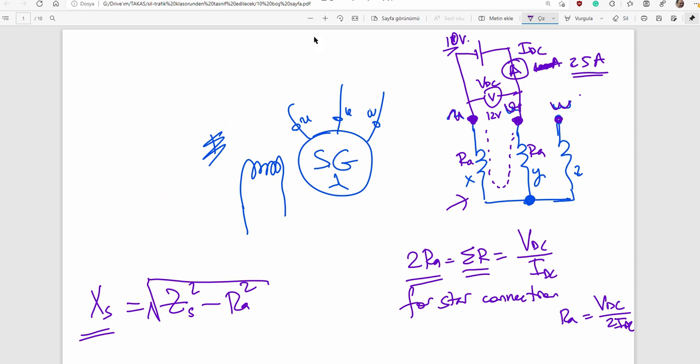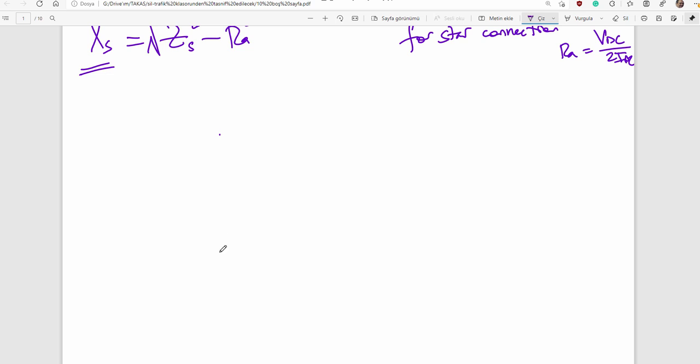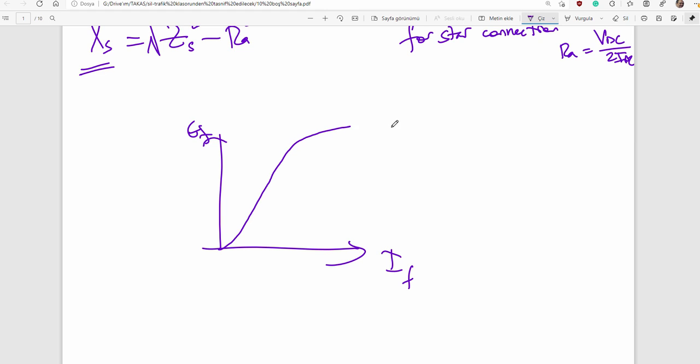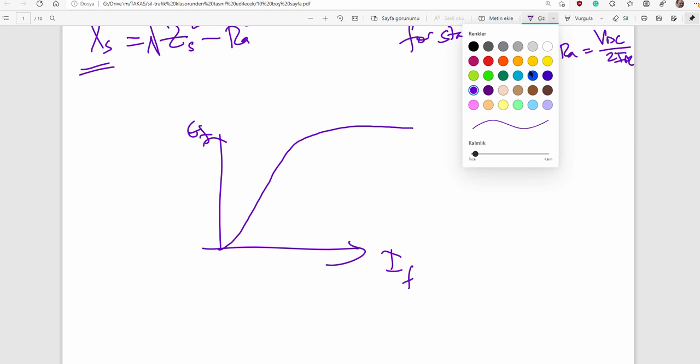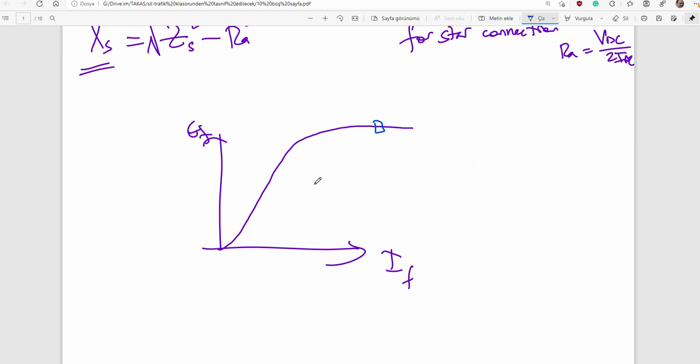For example, here you see such an open circuit test. Here's a linear region and then saturated region. Someone will give you some data taken here, IF versus EF. Those points are given.